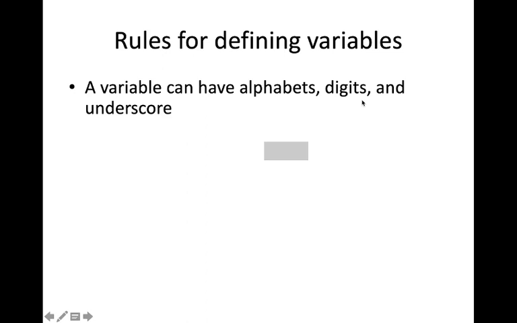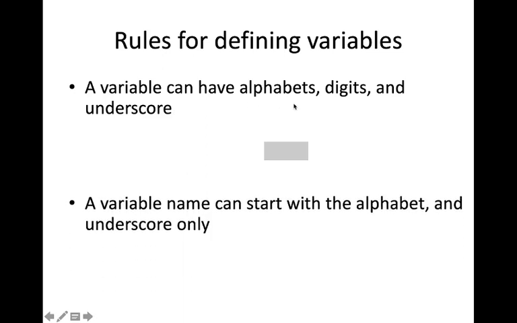It's the same thing that we used when we specified identifiers. Identifiers are used to identify variables and functions. A variable is a type of identifier, and a function is another type of identifier, so the same rules of identifiers are applicable here. Like that, a variable can have only alphabets, digits, and underscore.